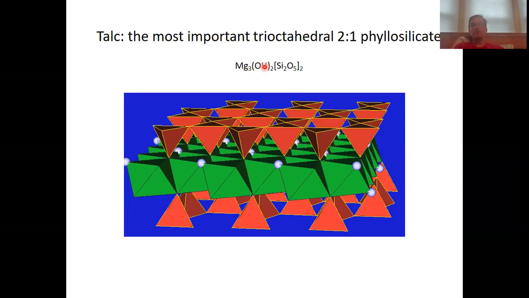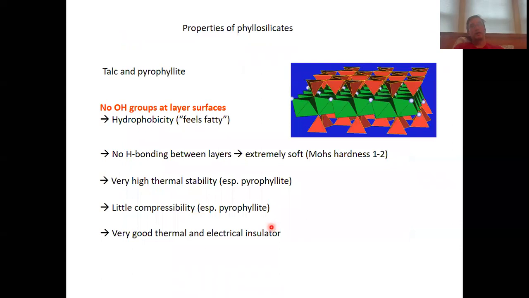Okay, again, you have 2 protons, but again, these protons are basically within the layer because they coordinate to the oxygens that are bound to the metal ions, and therefore on the surface of the overall layers, you do not have any hydroxyl groups, right?